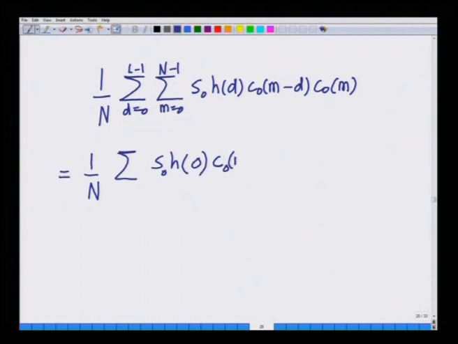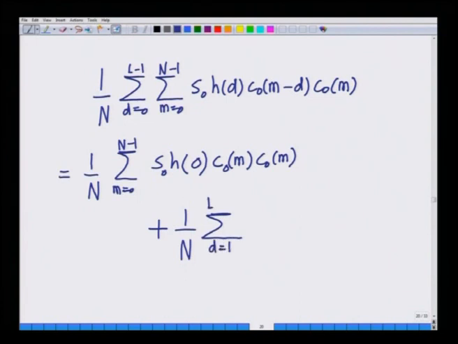Hence, this is simply C 0 m into C 0 m, summation m running from 0 to n minus 1, plus something for the rest of the paths. So, this is plus 1 over n summation d equals 1 to L minus 1.